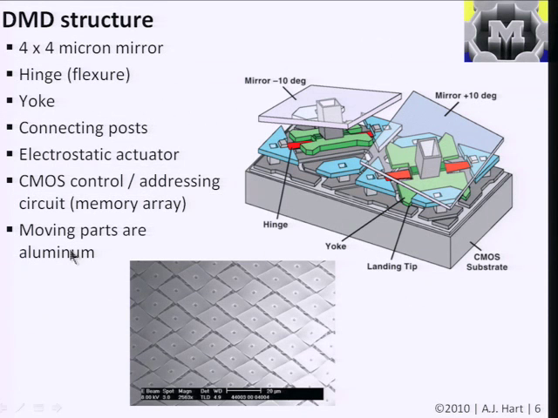At higher magnification, this is an example from a while ago of just one of the architectures, but here you can see more clearly that this multi-layer structure, made using standard microfabrication processes of thin film deposition and etching, has a mirror which is a shiny metal film on top of a post, and by applying a voltage between the mirror and electrodes down below, the mirror is deflected in the desired directions.